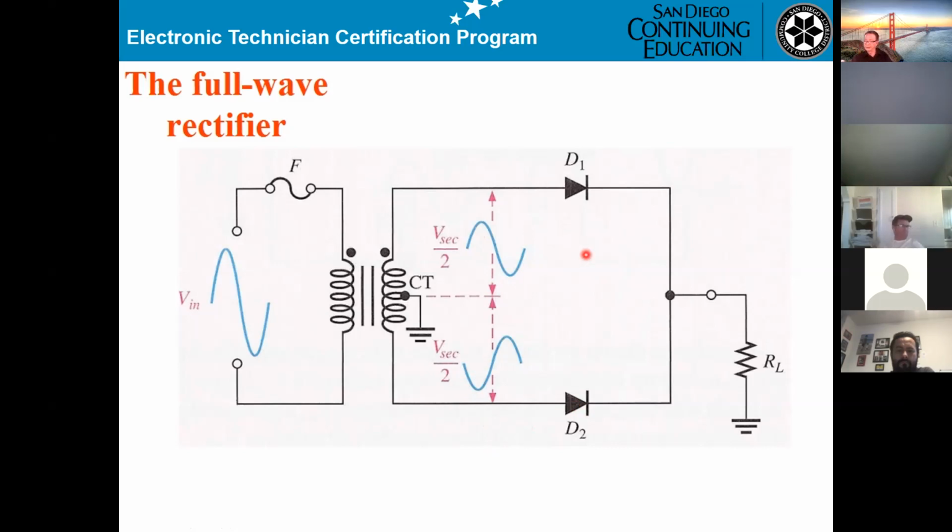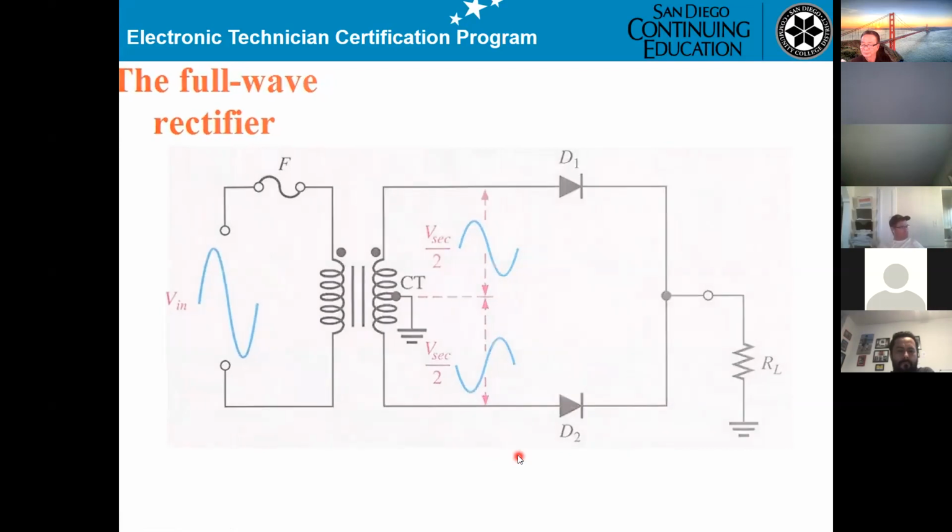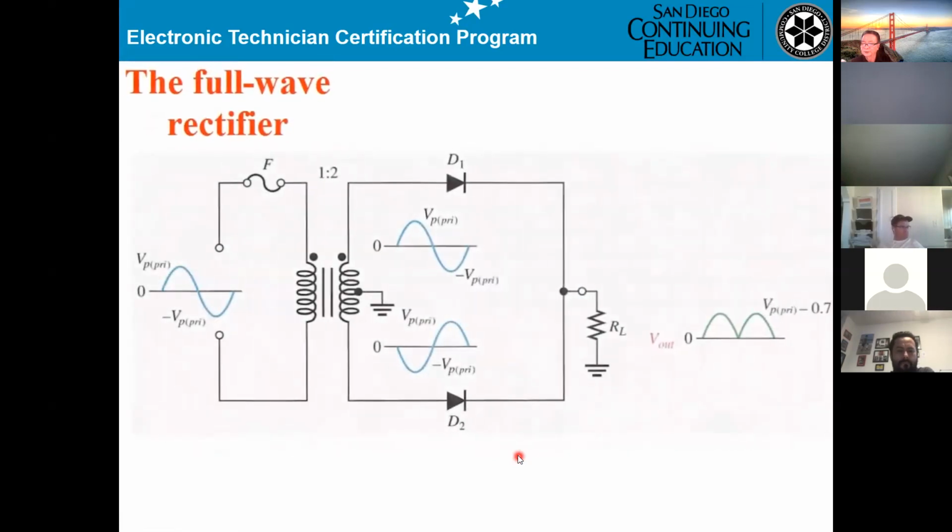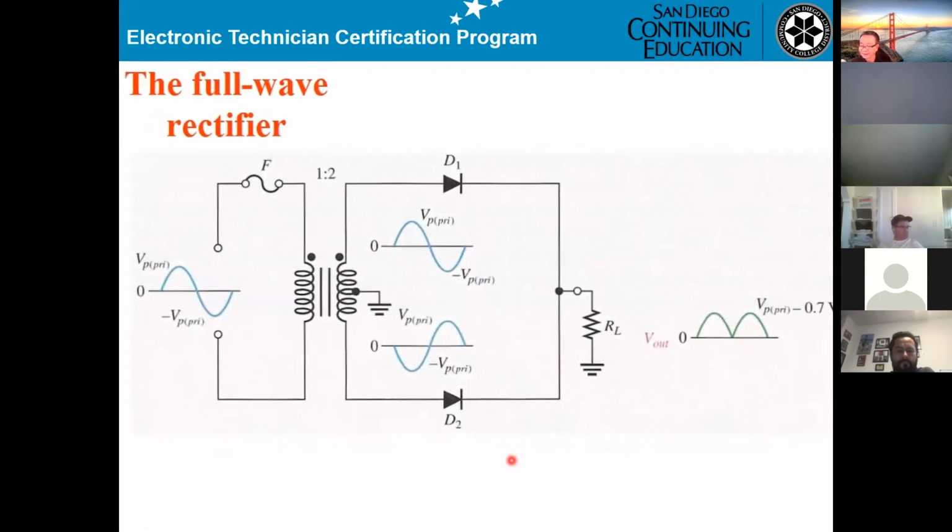Okay, any questions? No? This one, they just give you more detail on what the output looks like, regarding the minus 0.7.